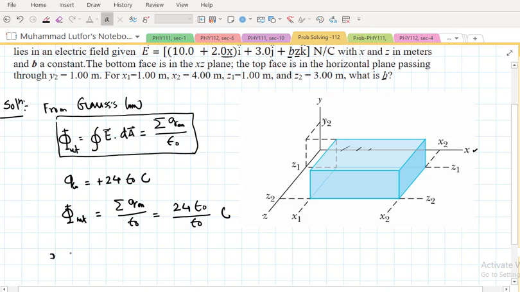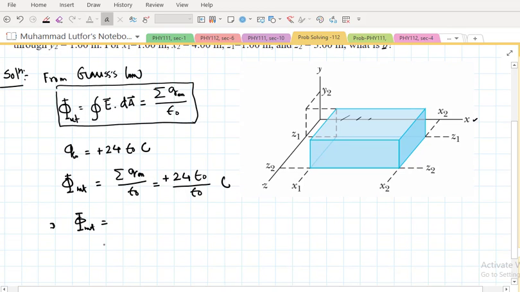I have to mention the sign of the charge as well. That means the flux enclosed by this Gaussian surface, the epsilon naught will be cancelled out, would be 24 newton meter squared per coulomb, which is the unit of this flux. So this would be the net flux enclosed by this Gaussian surface.